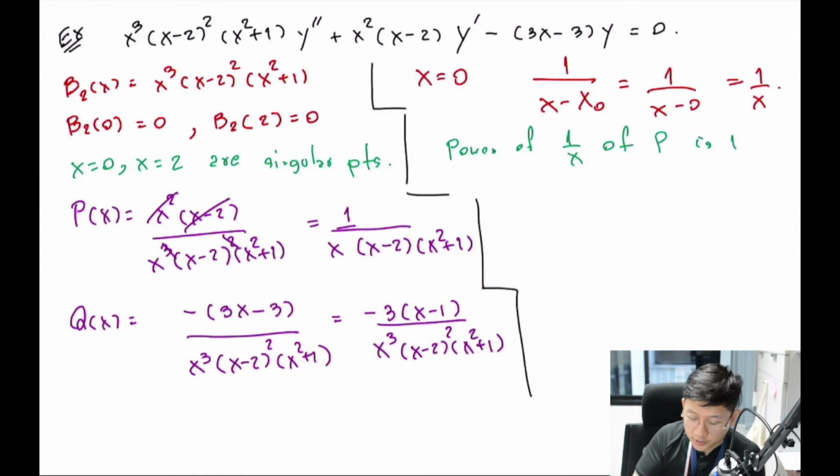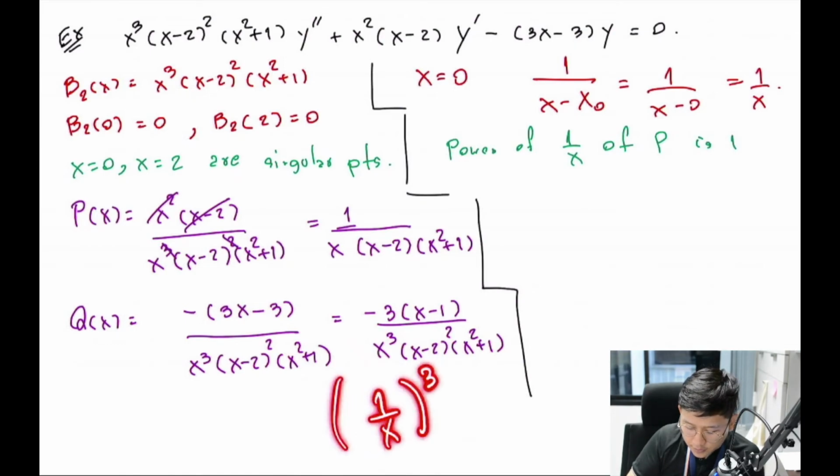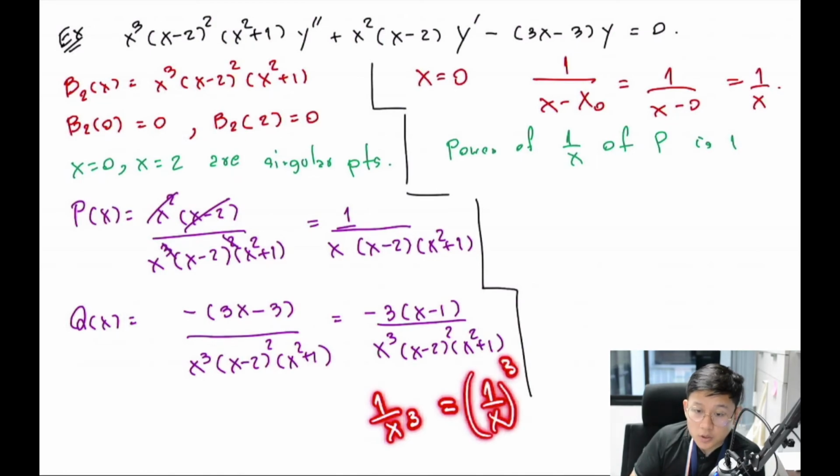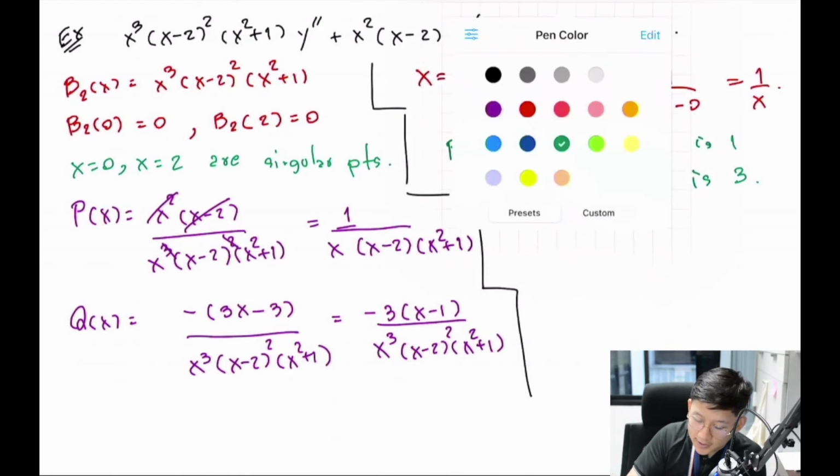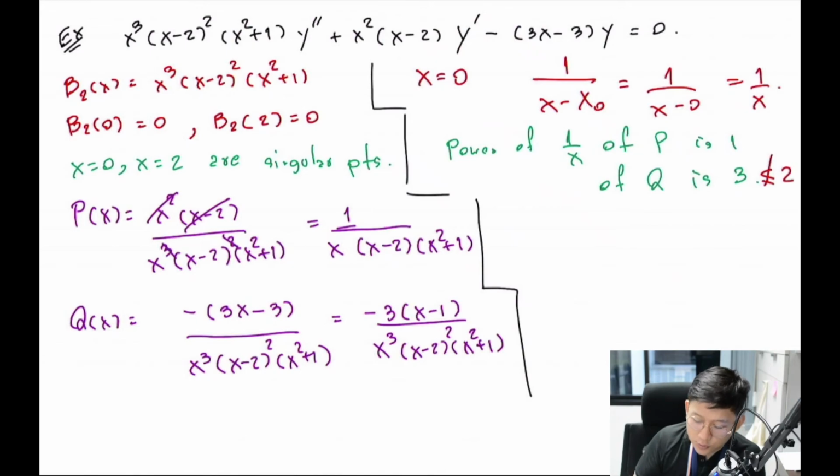But for q(x), you have 1 over x cubed, which means that the power of 1 over x in q is 3. But 3 is not less than or equal to 2.